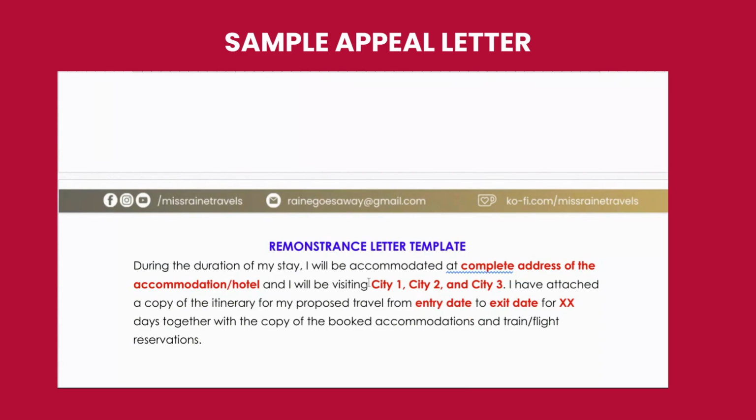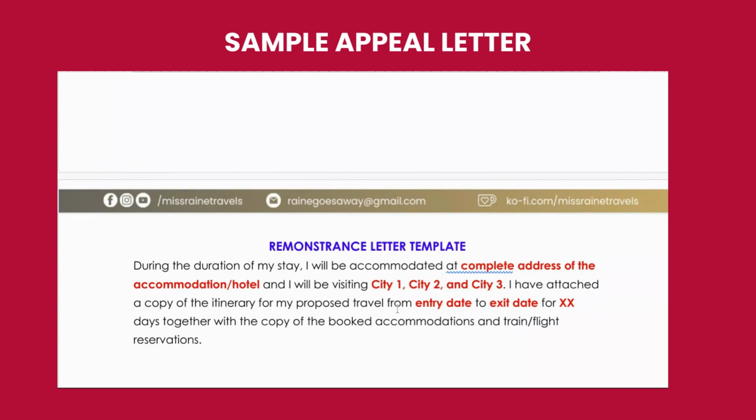If it's purely tourism, indicate the cities that you will be visiting. I have attached a copy of the itinerary for my proposed travel.